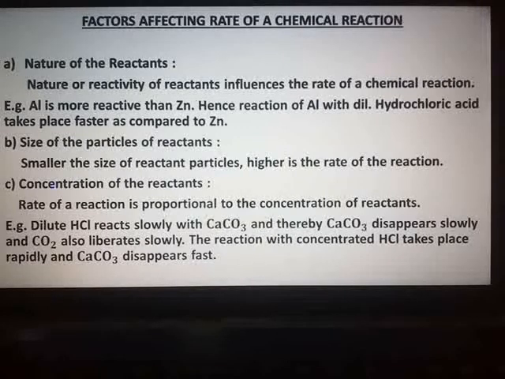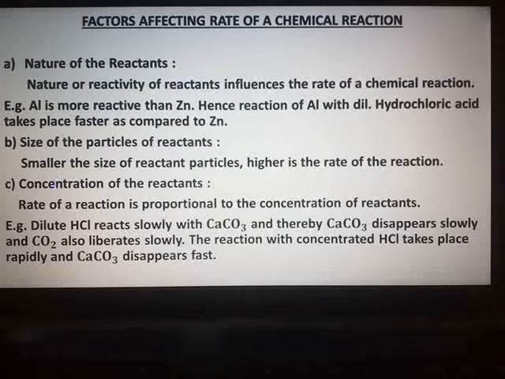Suppose you take an example here which is given in the textbook. There are two elements, aluminium and zinc. When both of them are treated with dilute HCl, a metal, aluminium or zinc, when treated with acid, H2 gas, that is hydrogen gas, will be liberated and water soluble salts of these metals will be formed.